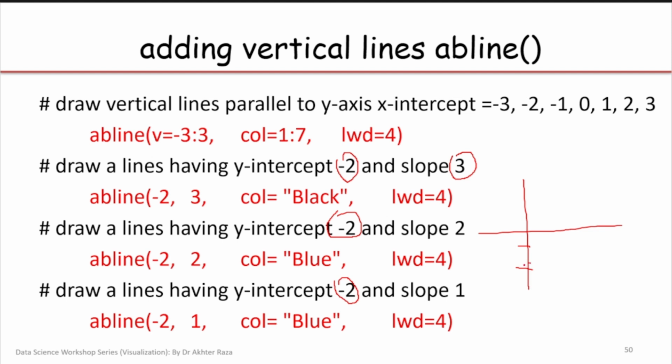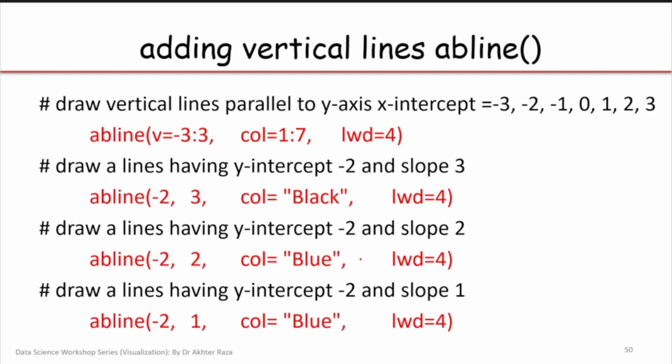This is the point which I referred to for these 3 lines, -2. The first line has a slope of 3, the second line has a slope of 2, and the third line has a slope of 1. So all of the 3 lines will be drawn from this point, but the slope of each of these 3 commands is different.